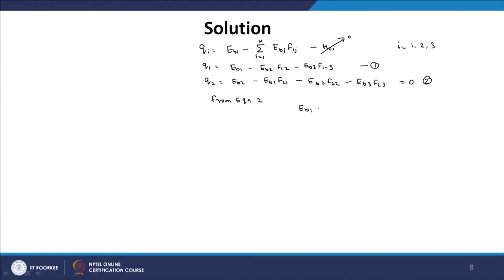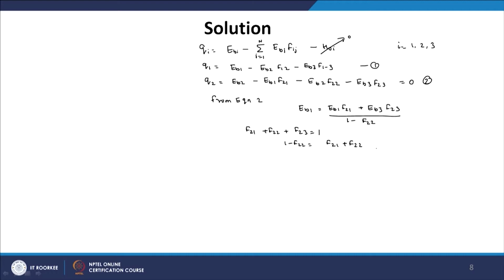So, Eb2 times (1 minus F22) can be written in terms of view factors and the emissive powers as Eb1 F21 plus Eb3 F23. Now, we can simplify this relation a little bit from the summation rule: F21 plus F22 plus F23 is equal to 1. So, 1 minus F22 is equal to F21 plus F23.